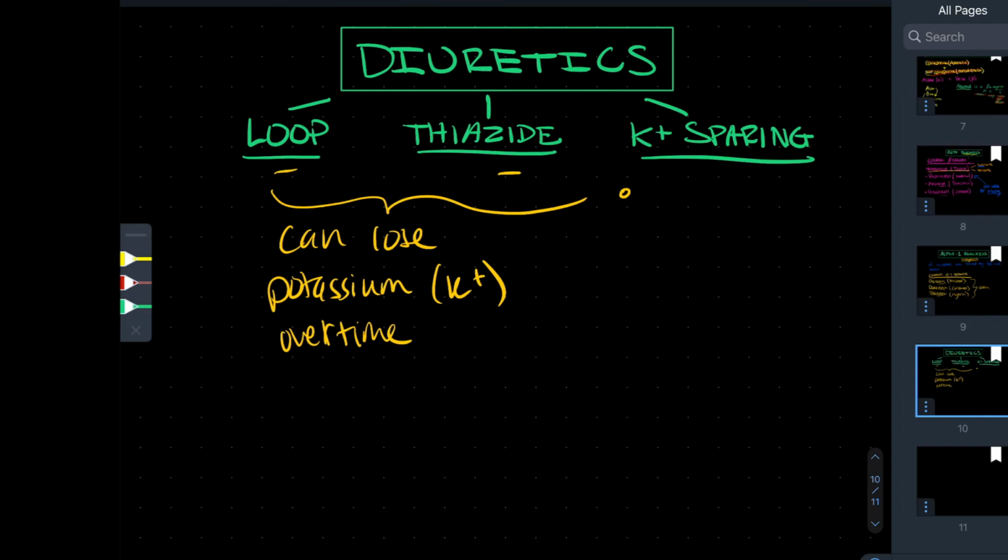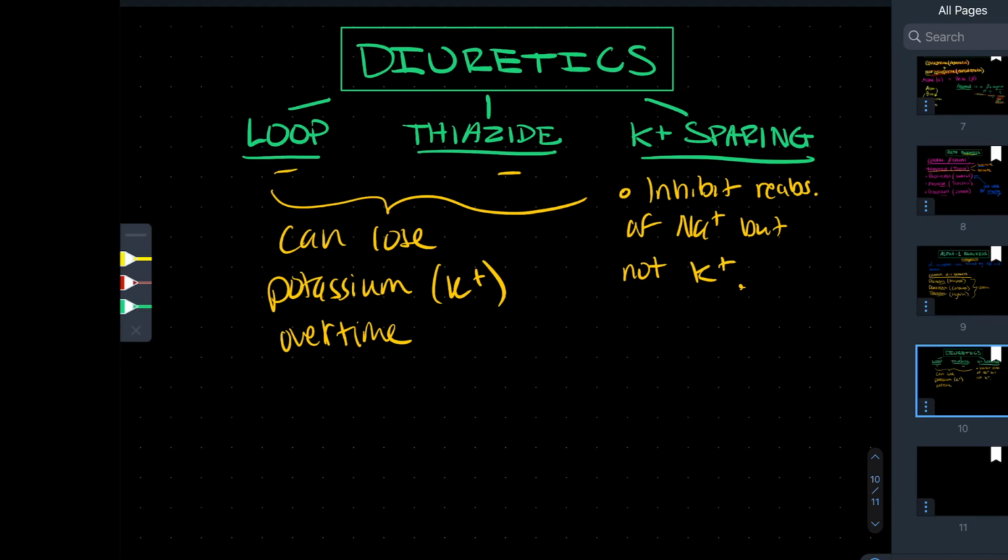So potassium-sparing diuretics, potassium-sparing diuretics, they inhibit reabsorption of Na, or sodium, but not potassium.